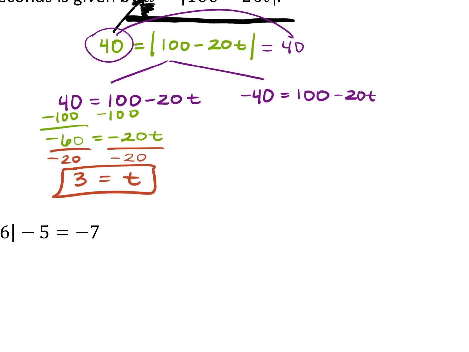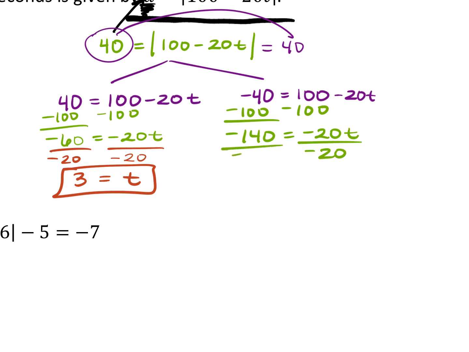Okay, now do it over here. We're going to take away 100. So a negative 140 equals a negative 20t. And then we're going to divide. So t is 7.